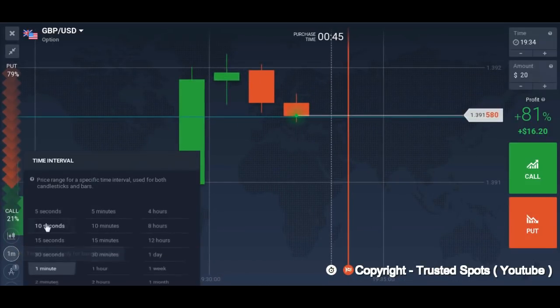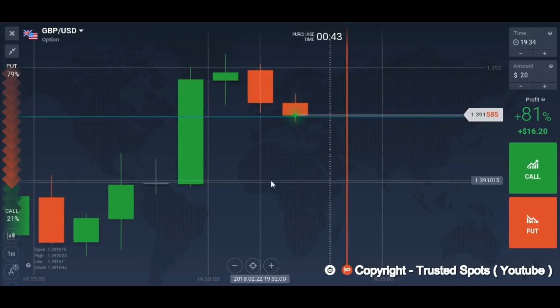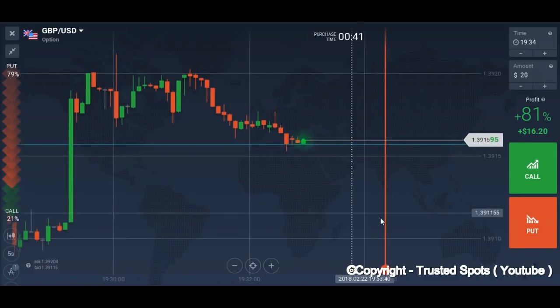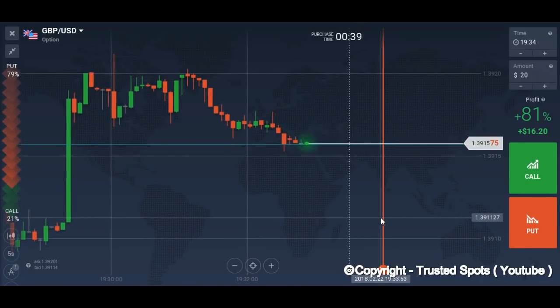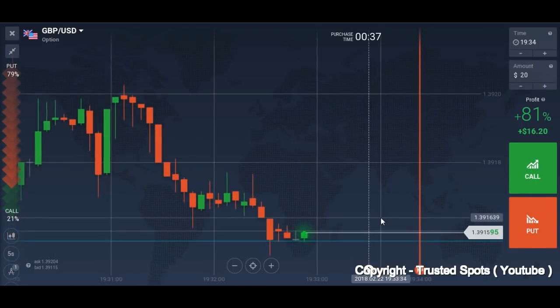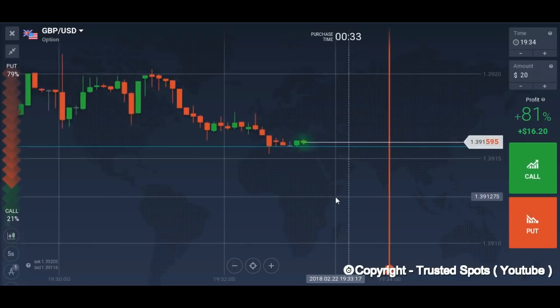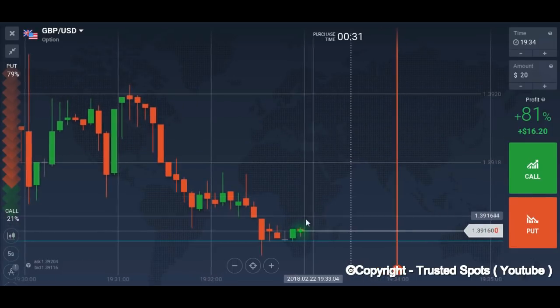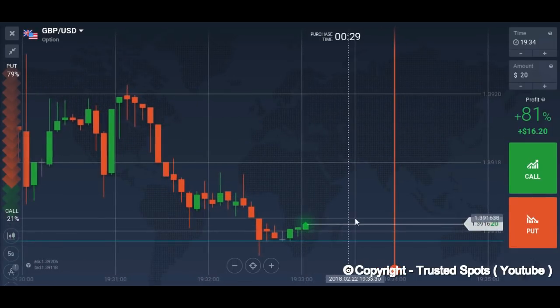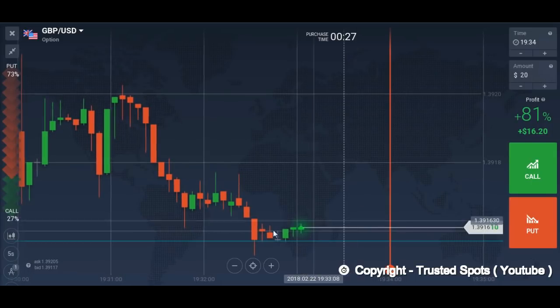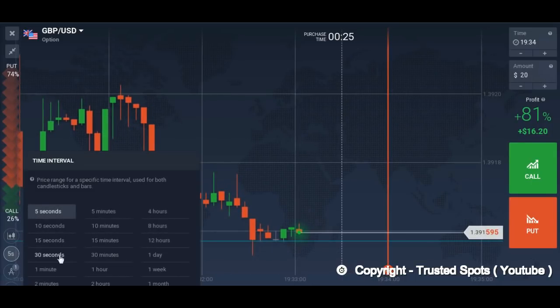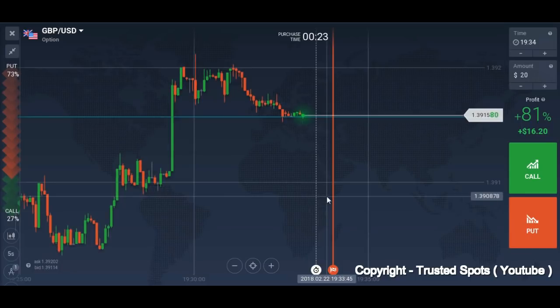Let me see if we have the rejection. No, we didn't have the rejection. And the market closes above the level. Now we can wait for a confirmation.